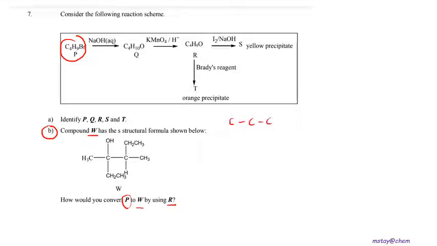So we are going to have CH3 CHBr CH2 CH3. And then R is the butanone, CH3 C double bond O CH2 CH3.